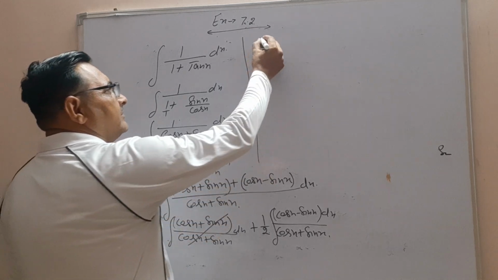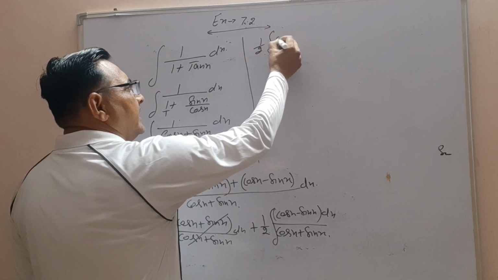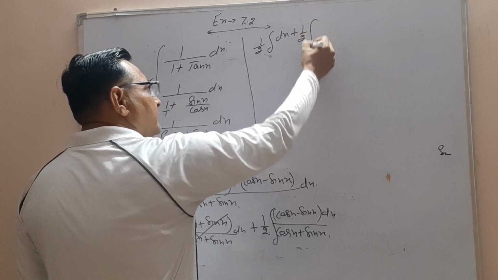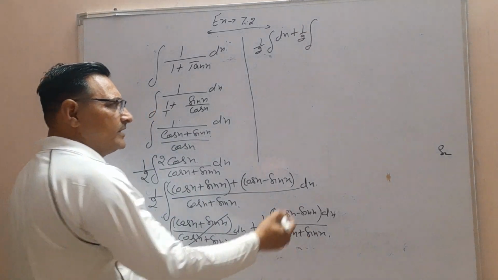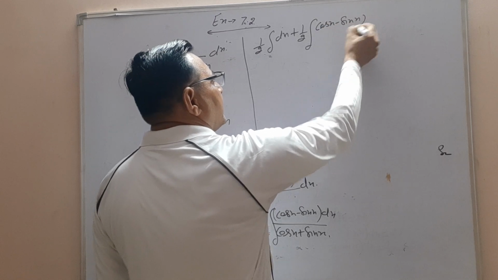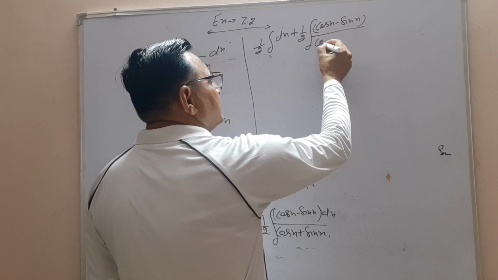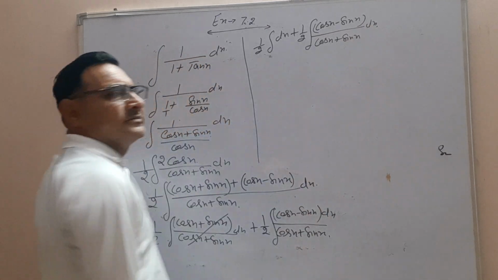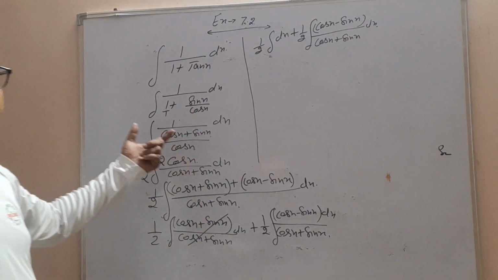You are getting 1 by 2 into dx plus 1 by 2 of cos x minus sin x upon cos x plus sin x into dx. This is a very important question.